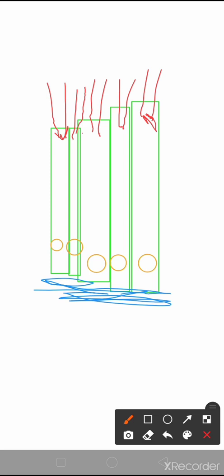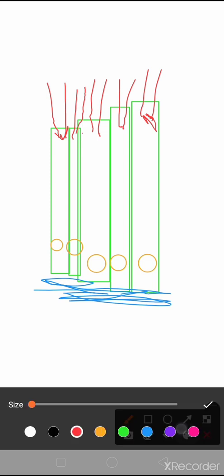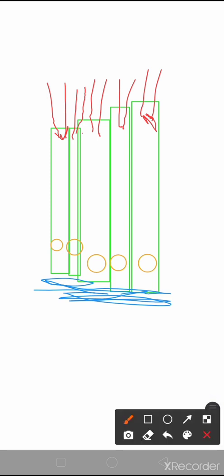Because there is a single layer of cells, it is known as simple brush bordered columnar epithelial tissue, and it helps in absorption because the surface area is increased. You can imagine this with your finger, and because of which more and more absorption takes place.